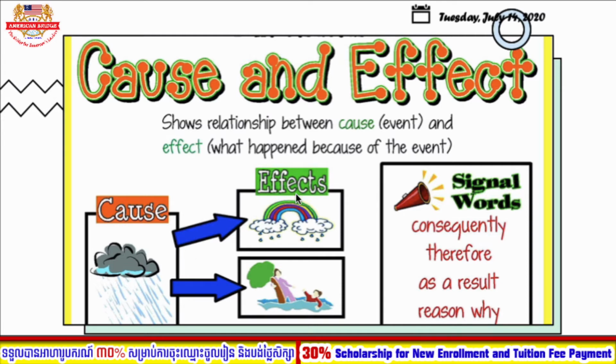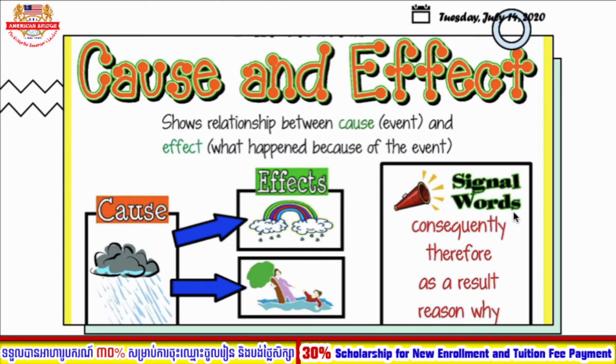The effects, you can see a rainbow after the end of the rain, or you can see this picture which represents flooding when a lot of water falls from the sky for a long period of time. So the effect of rain can be flooding.